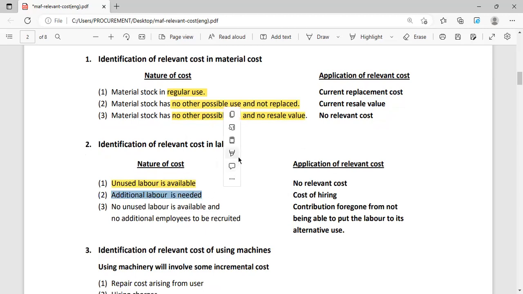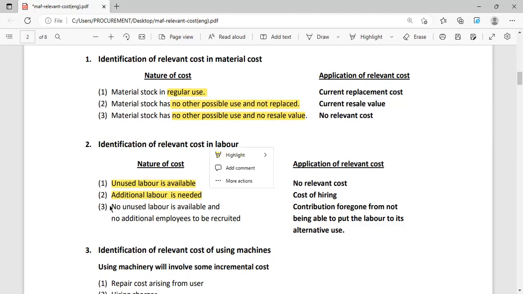If this particular person works for 20 hours and will collect 20,000, but for this project he cannot finish in 20 hours and will need an additional 10 hours to complete the job, the relevant cost is going to be that additional 10 hours multiplied by the labor rate.